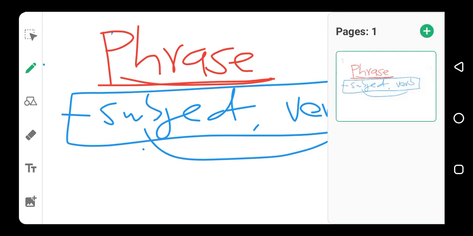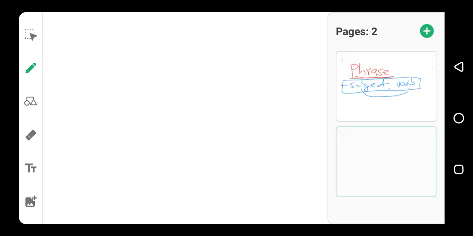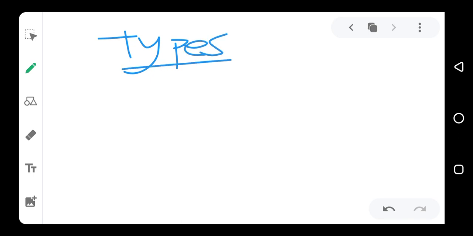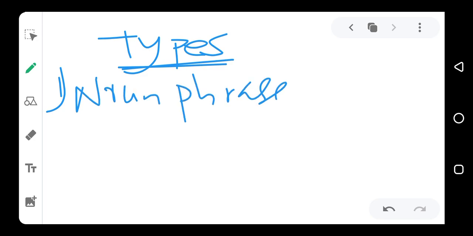We have five types of phrases. We have a noun phrase, we have a verb phrase, we have adjective phrase, we have adverb phrase, and we have prepositional phrase types. 1. Noun phrase. 2.